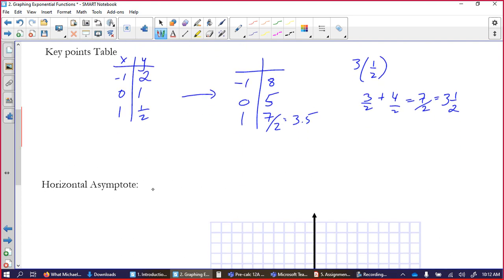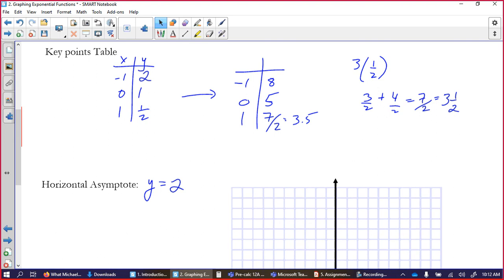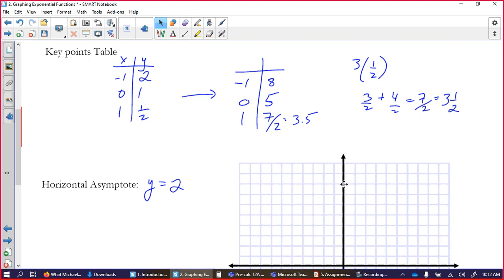Now we've shifted everything up. Our horizontal asymptote is at y equals 2. This one I can just leave here. Step 1, when we draw one of these, draw in our asymptote. Again, it's the same idea as your sinusoidal axis. It's your reference, your starting point. So we have all of this business.